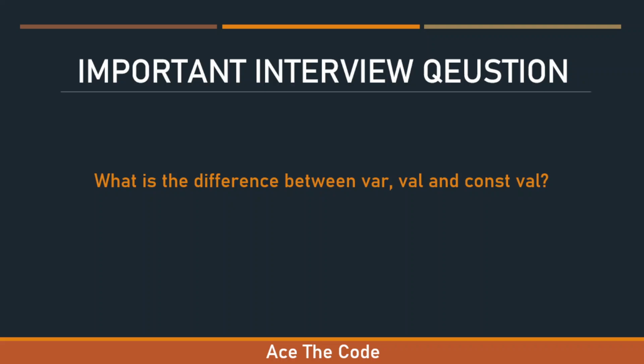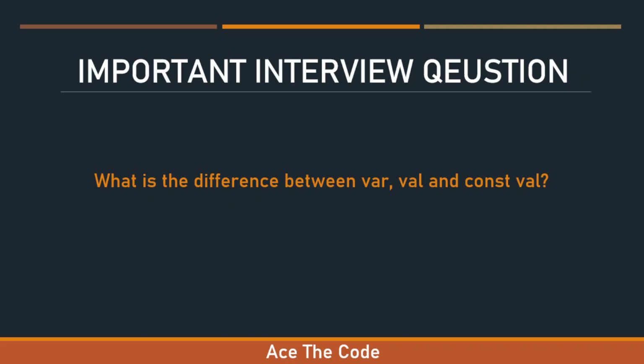It means that it cannot be declared inside the function, that is as a local variable. It cannot be declared as a class property. It cannot be declared as a parameter. So const val has to be declared either outside of all the functions and classes, or it can be declared inside the companion object, or it can be declared inside the object expression.